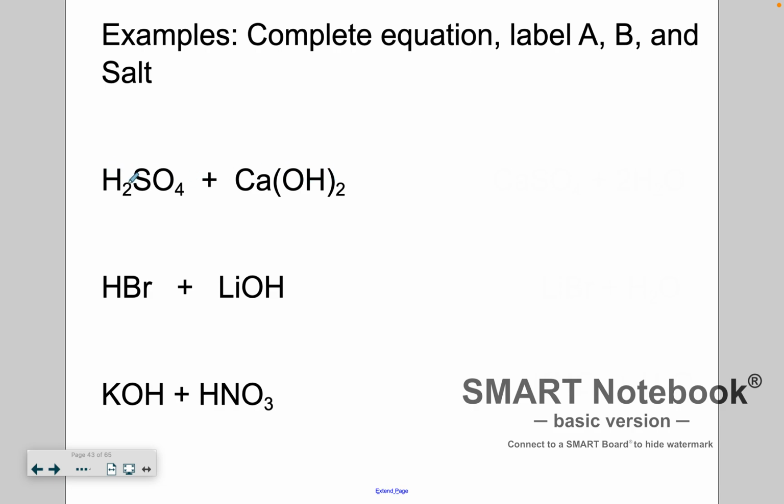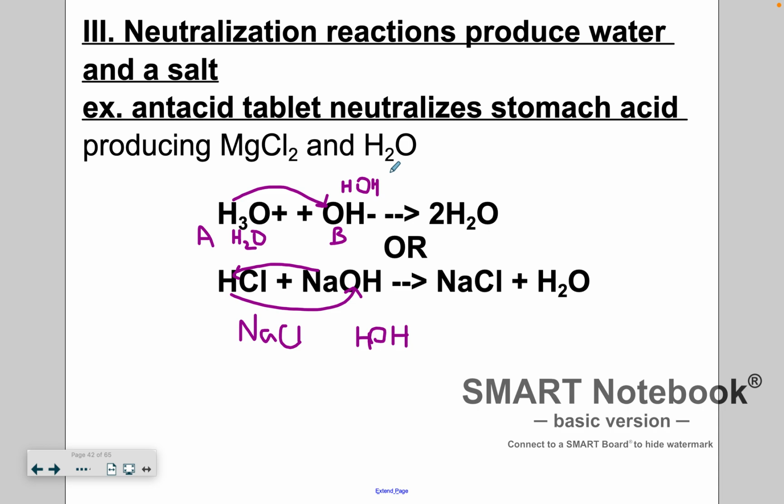Okay? So when we do this, we are going to swap places and form our salt. Now, a lot of these are polyatomic, now that I'm seeing this, because we are making a salt, and salt is an ionic compound. We have to make sure that the charges are balanced.